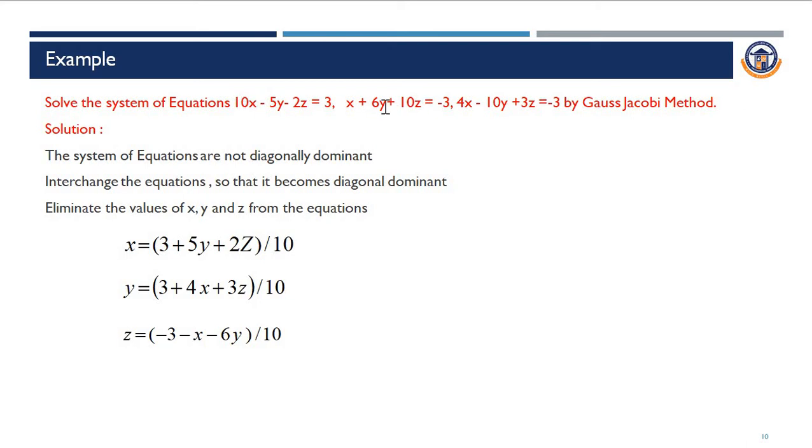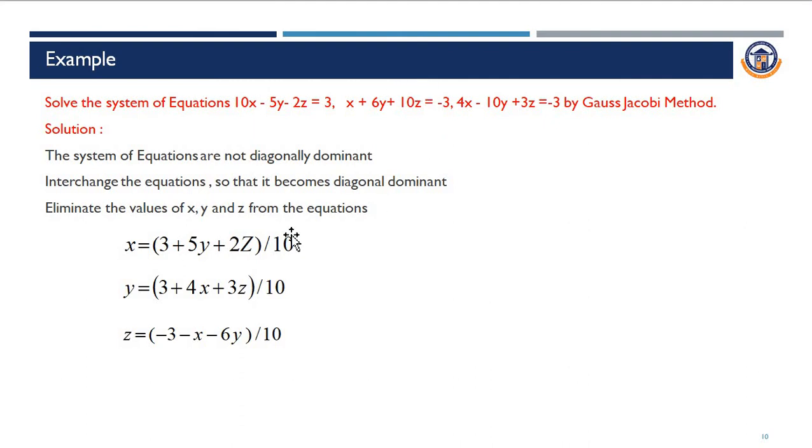In the second equation, the y coefficient is greater than or equal to the sum of the others. In the third equation, the z coefficient is greater than or equal to the sum of the others. So I have to rewrite the equations as this is first, this is second and this is third. When I do that, the system becomes diagonally dominant. After interchanging the equations, it becomes diagonally dominant.